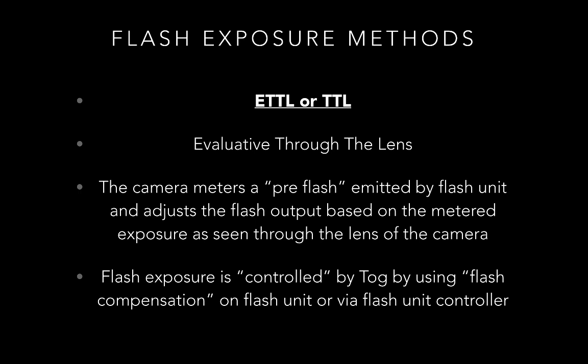Now, if your camera isn't reading it properly and you want to say, you know what, that's a little bit brighter than what I need, then you're going to use what we call flash compensation to turn down the power output. So you might say, okay, this is one stop too bright. Let me turn it down to -1 EV. That's then going to tell your flash, give me one stop less power than what you think.